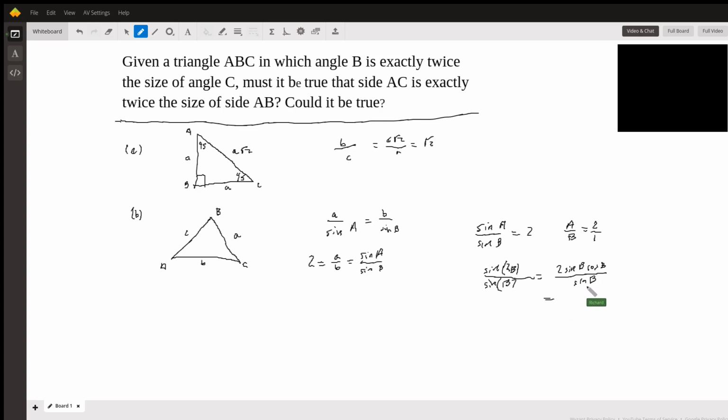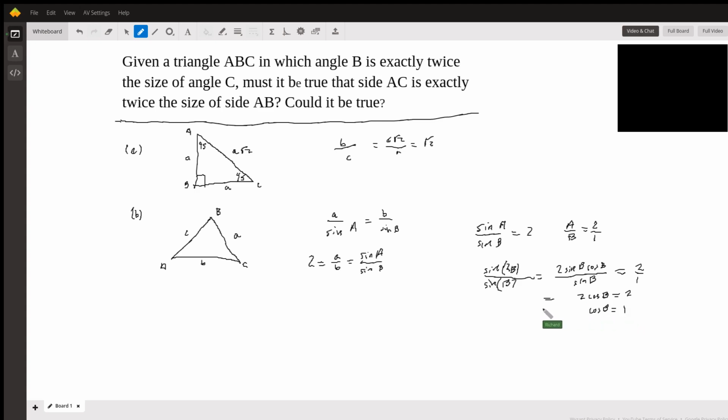And you're wondering if this could be 2 over 1. And so the sines cancel. 2 cosine B equals 2, so cosine B equals 1.